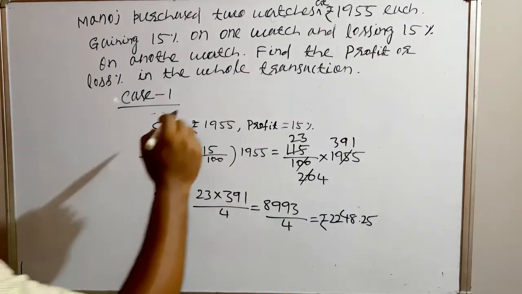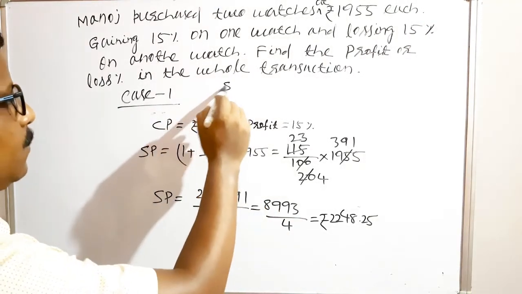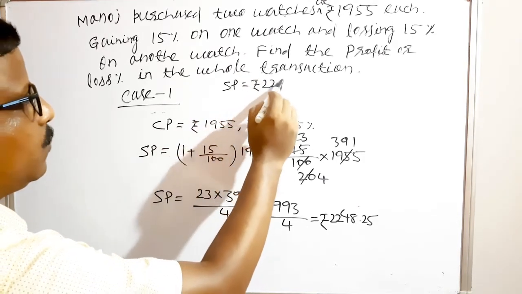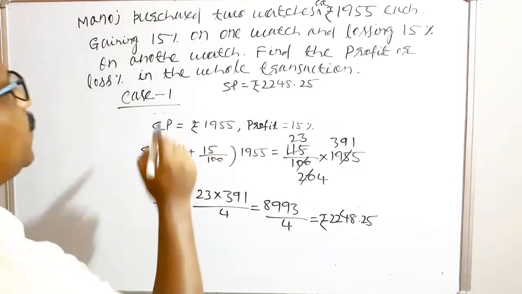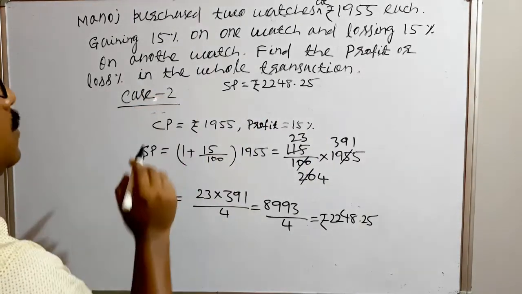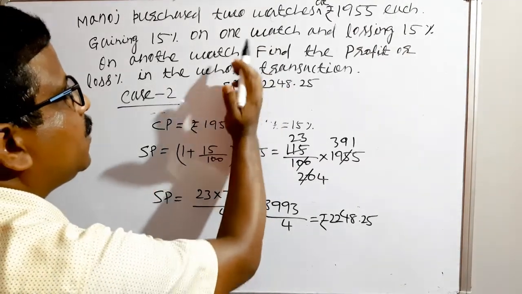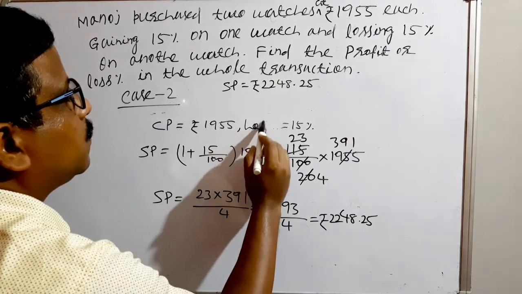Now in the second case we have to find it. In the first case the SP you are getting is 2248.25. Now in case 2 we have to calculate. Case 2: CP is 1955, loss is 15%.